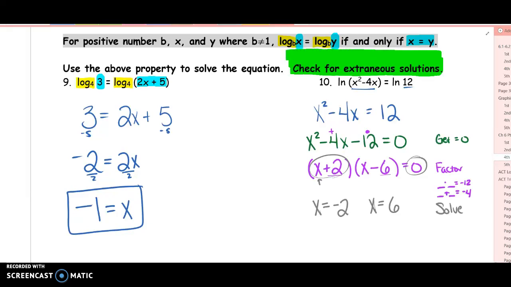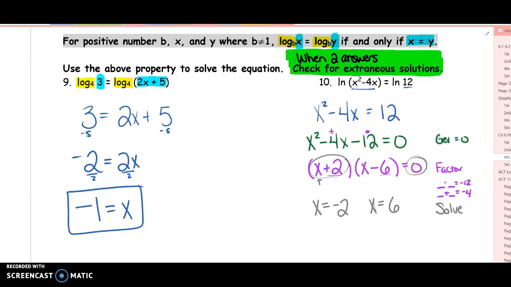They come through as solutions in the process of solving the equation, but when you plug them back into the original equation, they may not actually work. If you have more than one solution, it's really important to check for extraneous solutions.